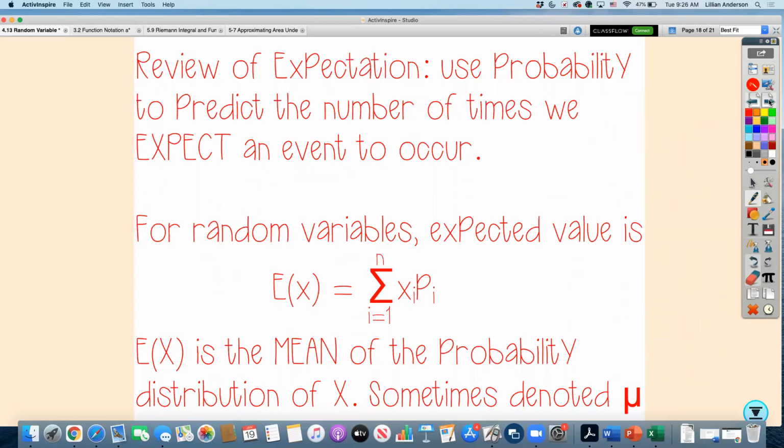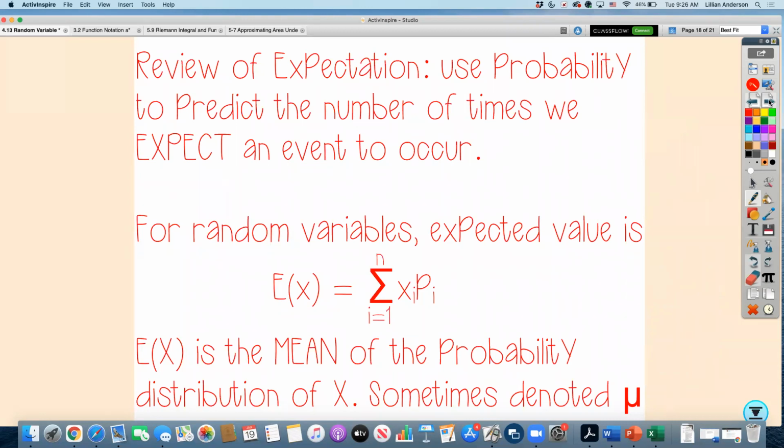Along with probability, just like back when we did basic probability, with these different types of distributions there is this concept of expectation, okay? Just to review, we use probability to predict the number of times we expect an event to occur.